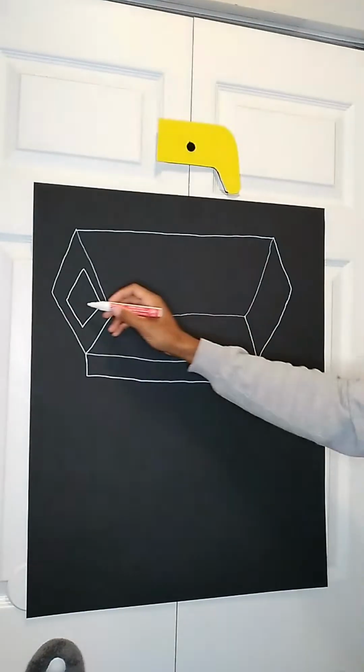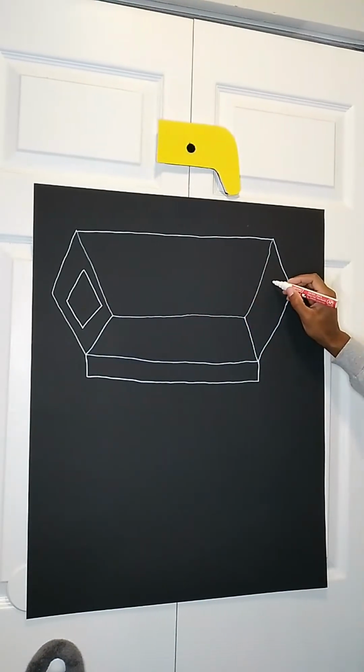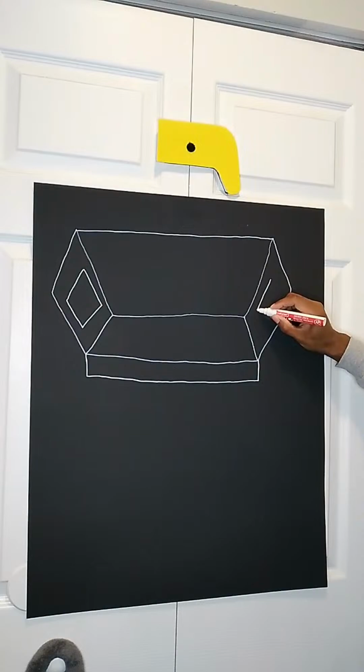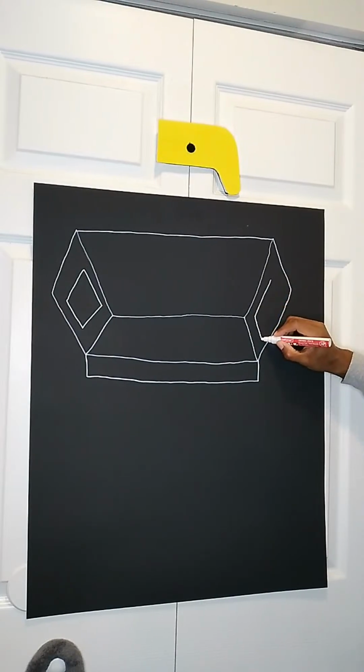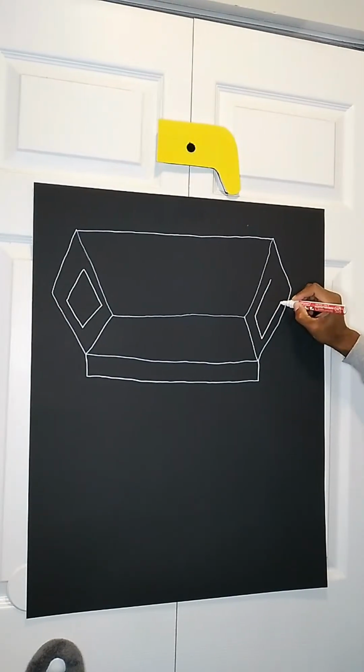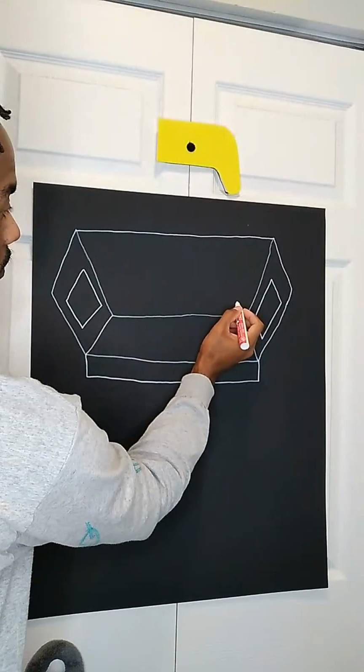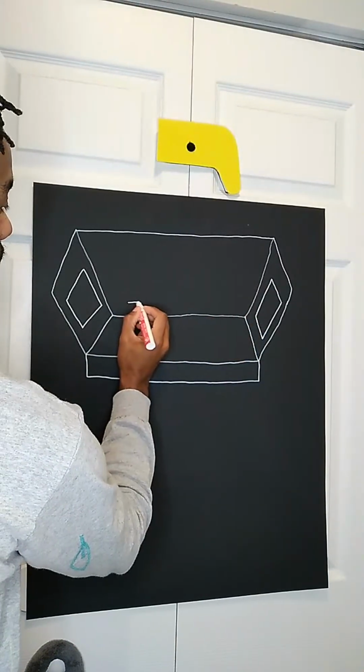So these could be this. This could be a place to go to. It could have many possibilities.